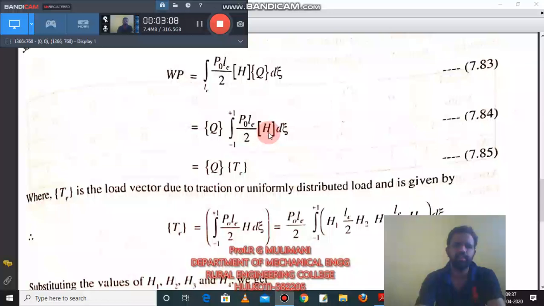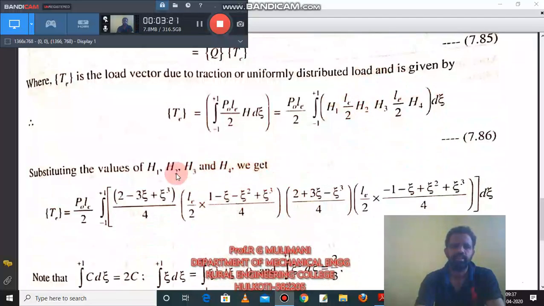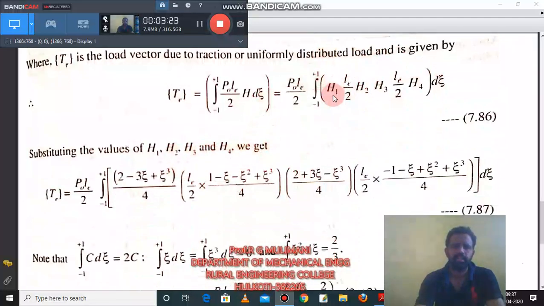We have 4 values of H: H1, H2, H3, H4. Substituting all the values H1, H2, H3, H4 and integrating, the limits are -1 to 1 with respect to zeta.